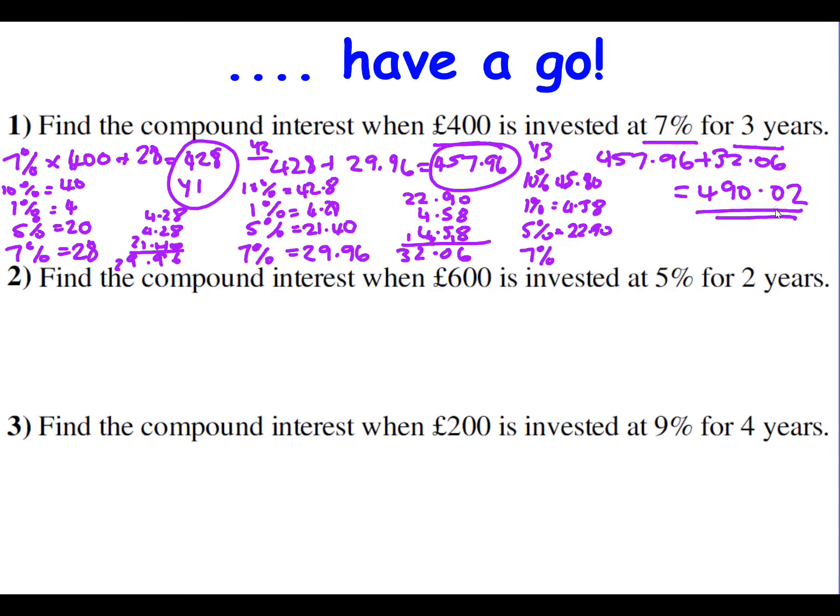So find the compound interest when £400 is invested at 7% over 3 years. The compound interest in total is £90.02. That's how much interest you have over 3 years at 7% on £400.